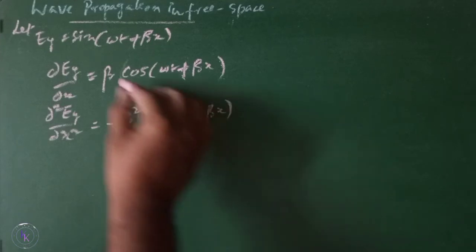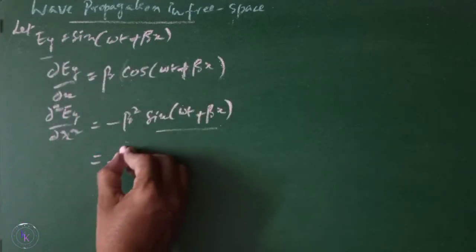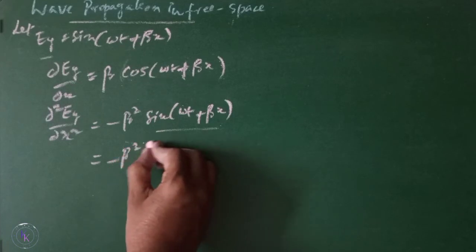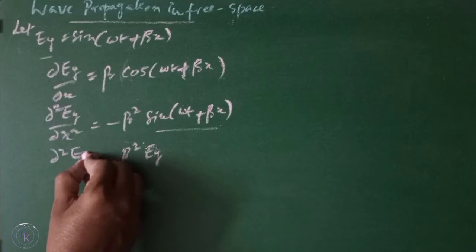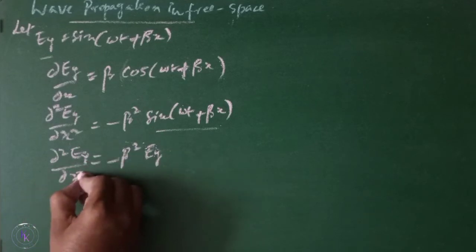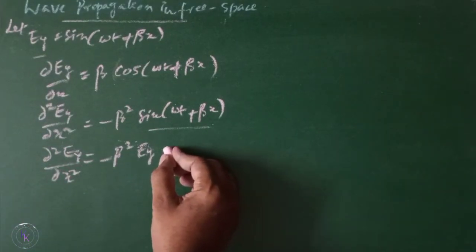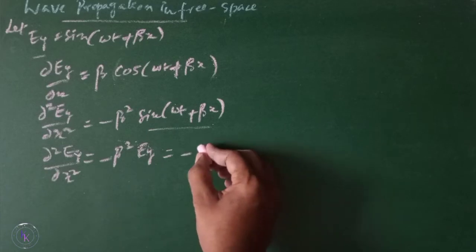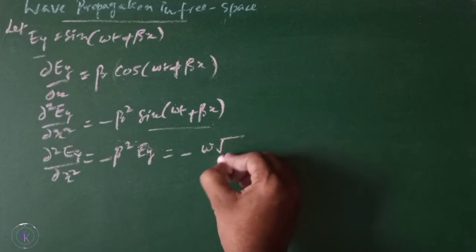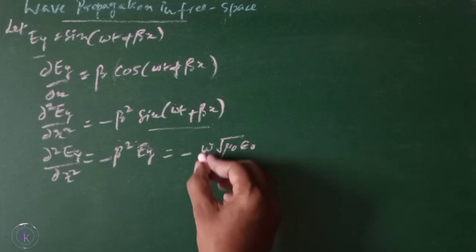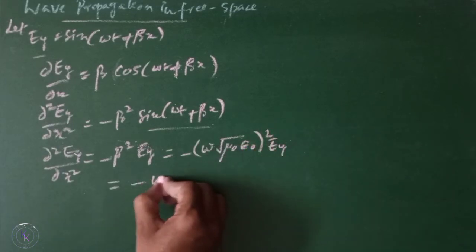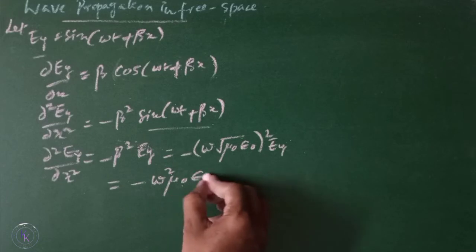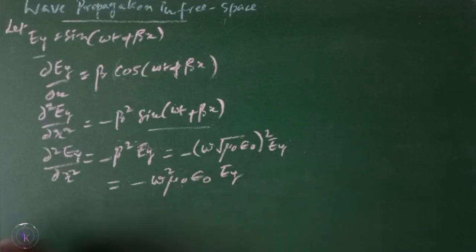Sin of omega t plus beta x is nothing but Ey. So minus beta square Ey equals dou square Ey by dou x square. Now substituting the value of beta, minus beta is omega square root of mu naught epsilon naught whole square Ey, that is minus omega square mu naught epsilon naught Ey.